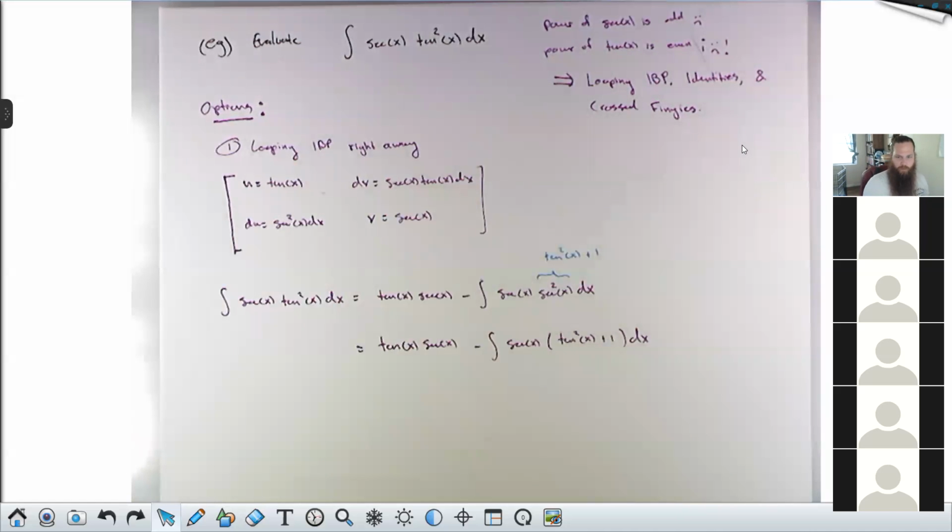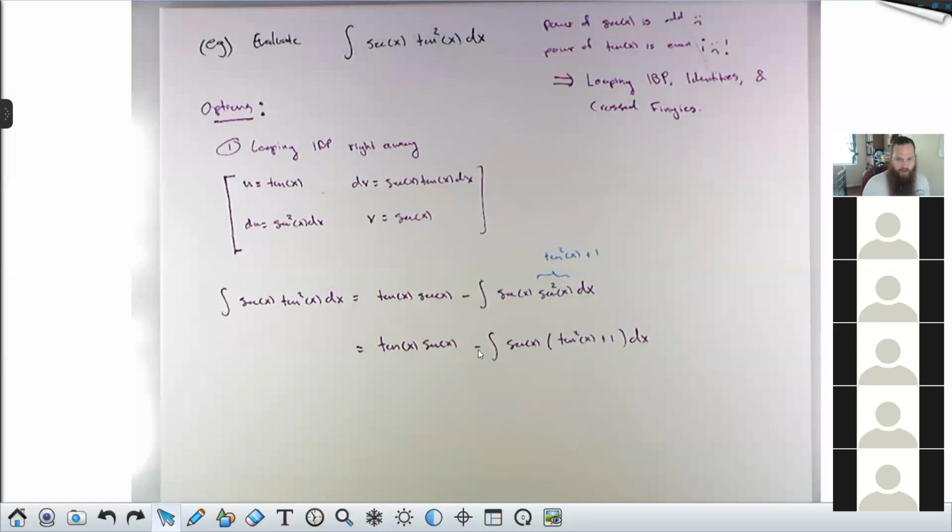And these parentheses are important, right? For two reasons. You need to distribute the secant. We also need to distribute this negative. So anytime you replace a single term by something that has more than one term, you need to put it in parentheses. All right, distributing the secant in here will give me secant times tangent squared, which is good because that's what we had to start with, plus secant x times 1, or just secant x.